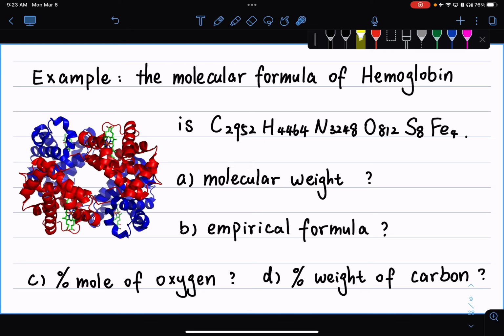Some of the typical questions I would expect you to know is how to calculate molecular weight from that molecular formula. This part should be straightforward. You're just looking for the atomic weight of different elements, of different atoms, and do that calculation. How to write the empirical formula? For that, you want to find a common divisor. So in this case, our common divisor is 4.